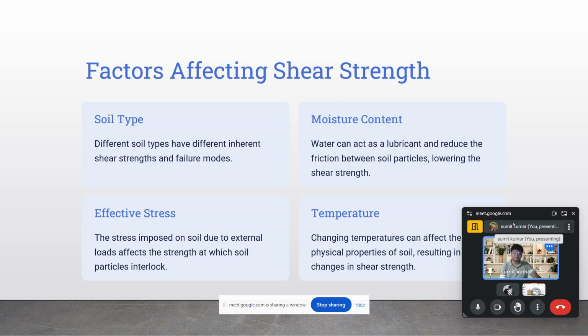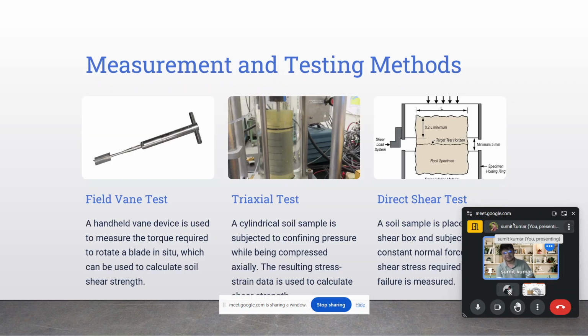When we talk about temperature, changing the temperature can affect the physical properties of soil, resulting in changes in the shear strength. And when we talk about the measurement and testing methods employed, there are the field vane test, direct shear test and triaxial test, and there will be some differences. What is the difference?